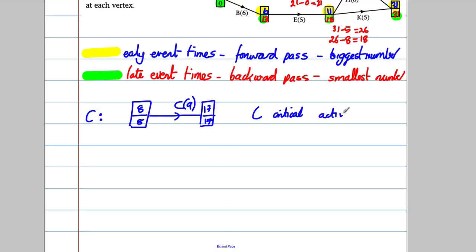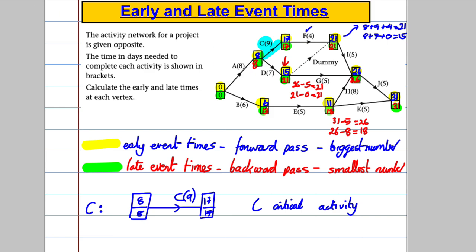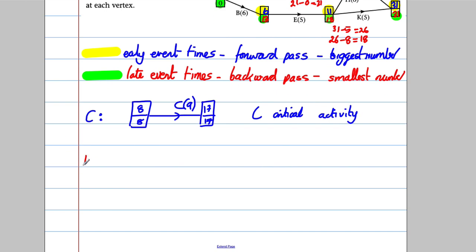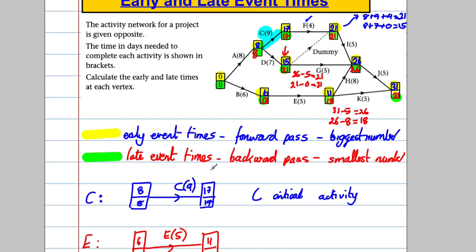Now I just want to show you that versus something that's not critical. So in not critical, why don't I pick something like activity E? So let's draw out what happens in activity E. The event before it is 6, 13. Then activity E happens, which is 5 long, and you get to 11, 18. Okay, now let's think about this.